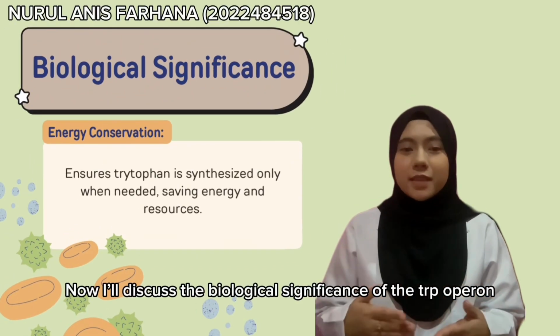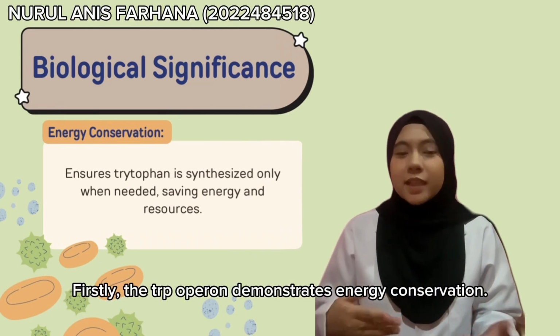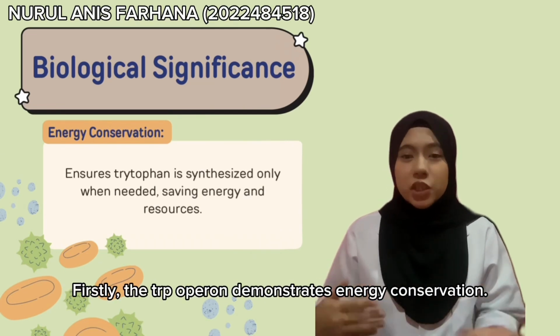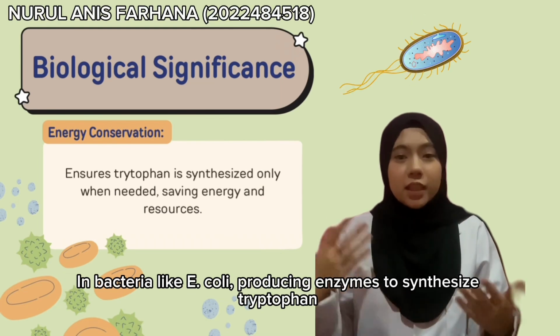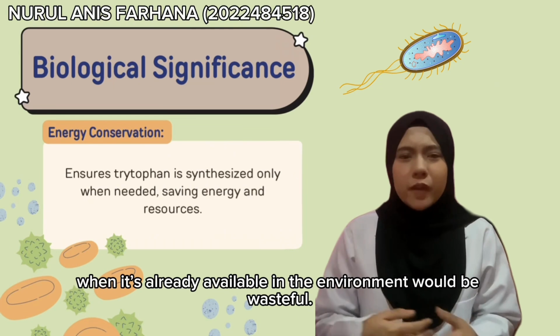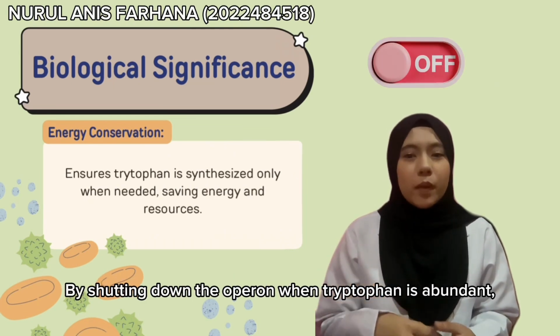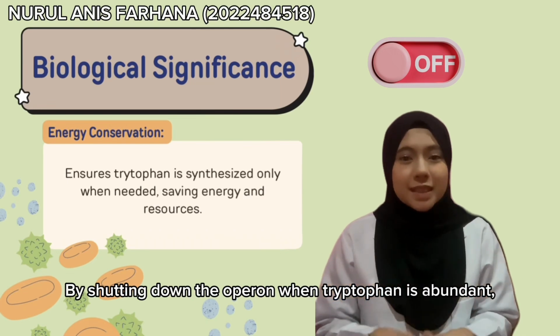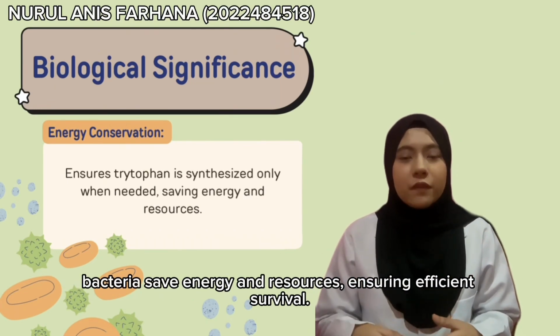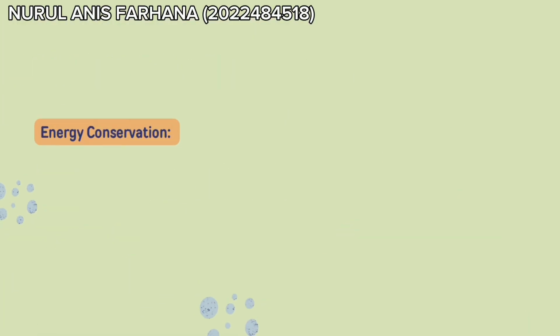Now, I will discuss the biological significance of the TRP operon. Firstly, the TRP operon demonstrates energy conservation. In bacteria like E. coli, producing enzymes to synthesize tryptophan when it's already available in the environment would be so wasteful. By shutting down the operon when tryptophan is abundant, bacteria can save energy and resources, ensuring efficient survival.